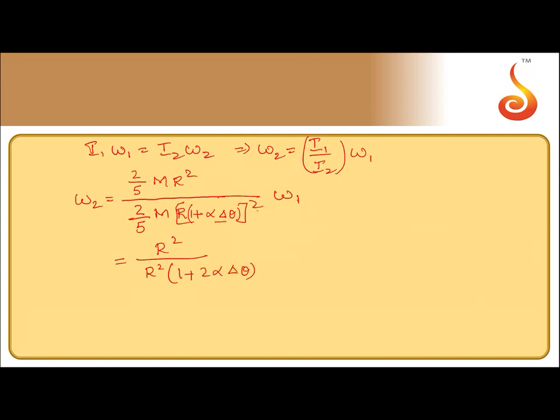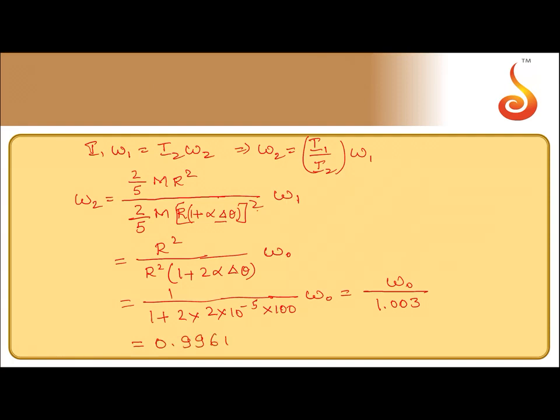You can multiply the power to second term into omega naught. Now R square also get cancelled. Now substitute for rest of the things, 1 plus 2 into 10 to the power minus 5 into 100 to omega naught. So that's equal to omega naught divided by 1.003, that turns out to be 0.996 omega naught.